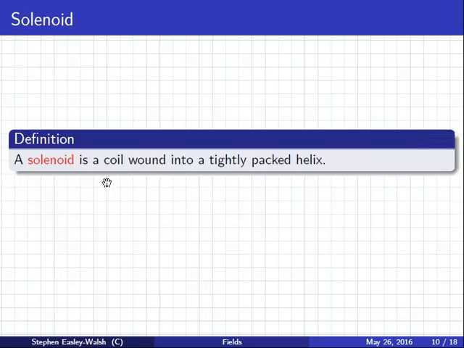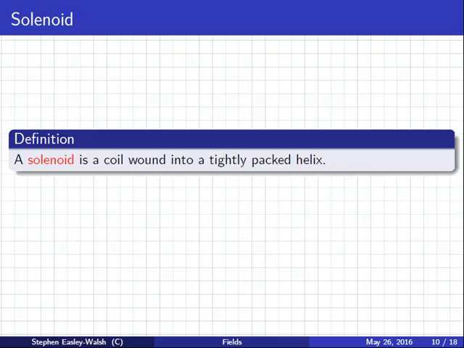A coil is this shape. Well, sorry, coil is a noun, and it means like a spring. Helix, do you know this name? Helix is a noun, and it's the name of this shape that goes like this.